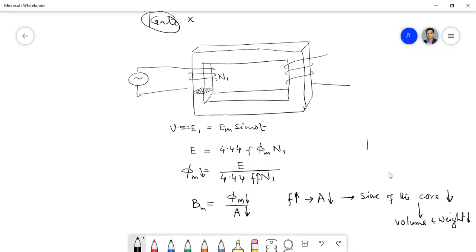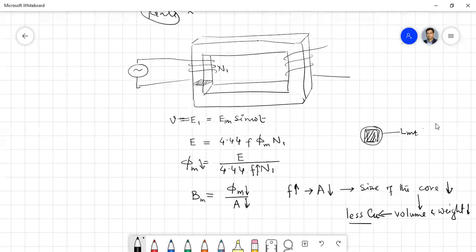Not only that, if this cross section area is less, now the winding which is wound around it also depends on the size of this core. So if we calculate that, the length of mean turn also will be less, so less copper also.